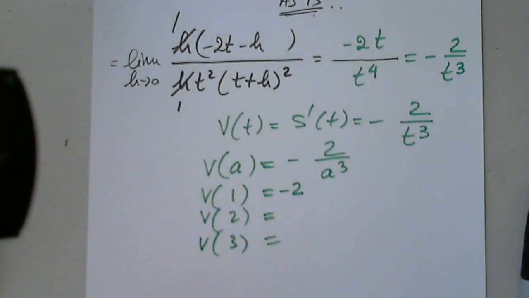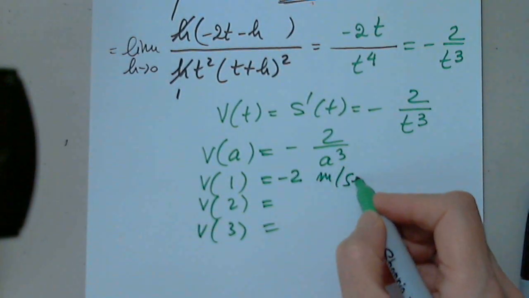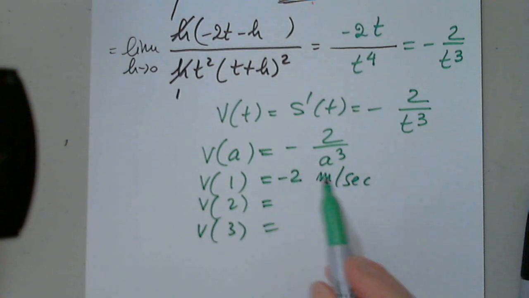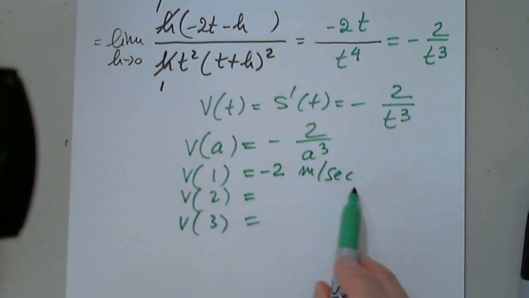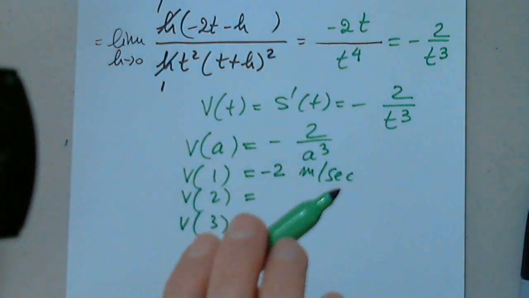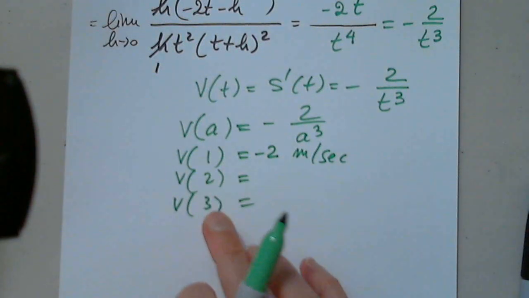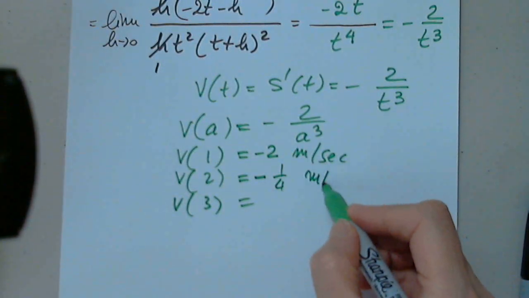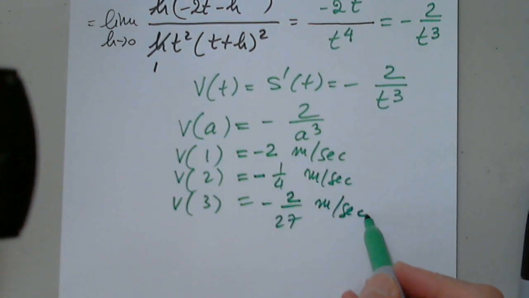So what is the measurement unit for -2? Meters per second. Yes, it only says that the particle is coming back. It doesn't say that I'm driving. If you ask me what is your speed, I'm not going to say -2 miles per hour or meters per second, right? It's just that going in the positive direction, the velocity is positive, and coming back gives us the direction. Okay, perfect. For 2, still negative: -1/4, again meters per second. And for 3 it is -2 over 27 meters per second.